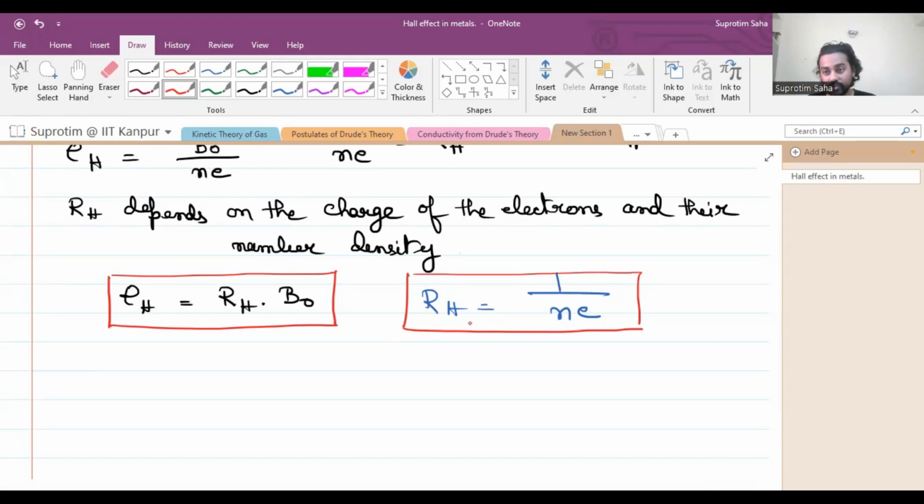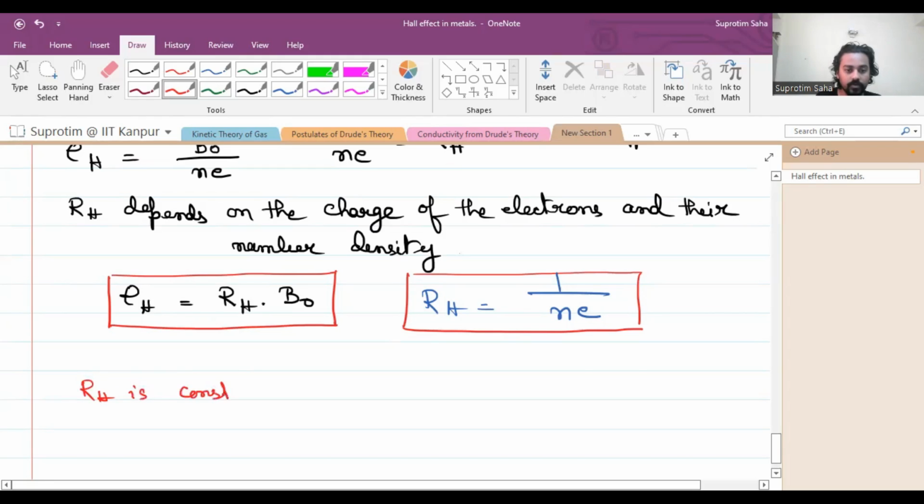The Hall voltage depends on the magnetic field applied, so indirectly you have a measure of the magnetic field. This R_H is a property, constant for a specific material.